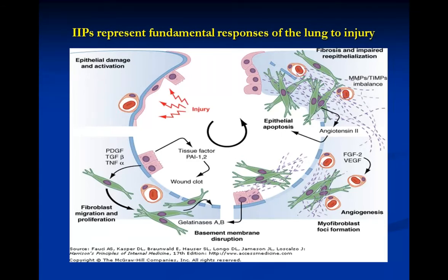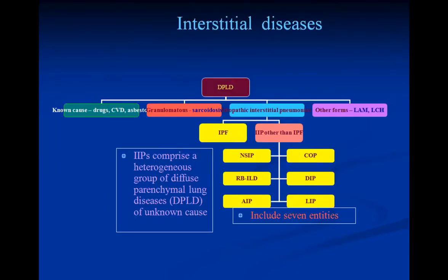So this diagram, as explained, represents the fundamental response of the lung to injury. Interstitial lung disease, that is diffuse parenchymal lung disease, can be classified based on known cause, like drugs, as I told you before: anti-metabolite drugs, anti-cancer drugs, antimicrobials like nitrofurantoin and isoniazid, and immunosuppressive agents like cyclophosphamide and azathioprine.